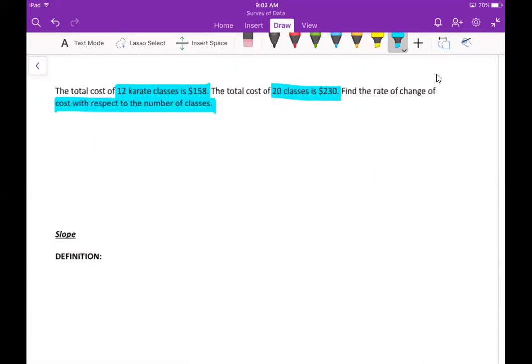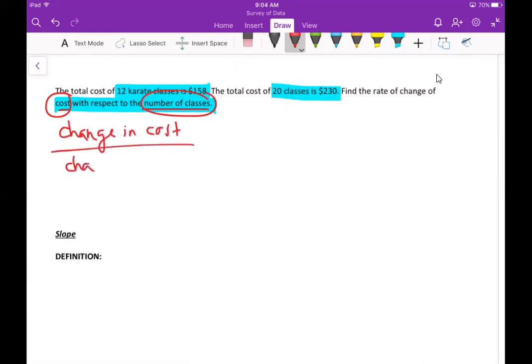So we're trying to find the cost per class. Again, this wording is helpful. Cost with respect to the number of classes, this is always your output over your input. So we're trying to find the change in cost depending on the change in classes.